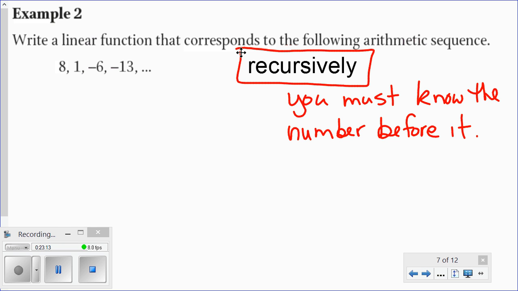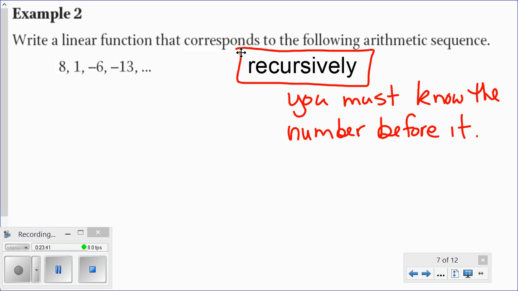So if I say to you, oh, here we go. What's the pattern here? -7, right? We know the fourth term. What's the fifth term going to be? What's the fifth term going to be, Carl? What's it going to be? -20.